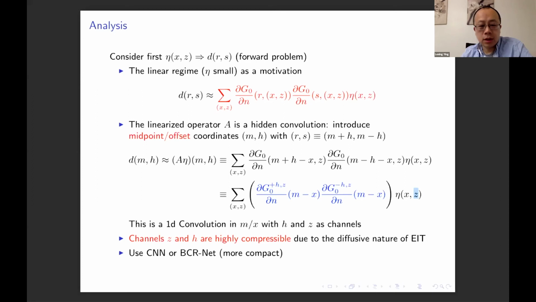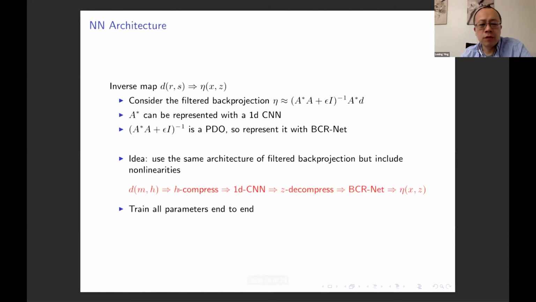So this suggests the following neural network architecture. We again follow this filtered back projection mechanism. What we do here is use the neural network to approximate A star. But as we said, A star itself has a hidden 1D convolution structure.